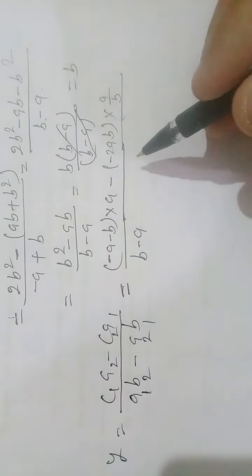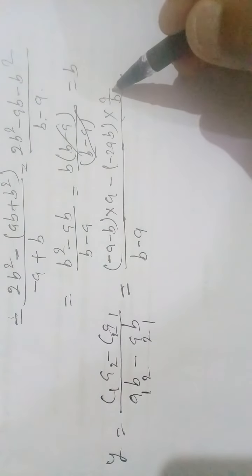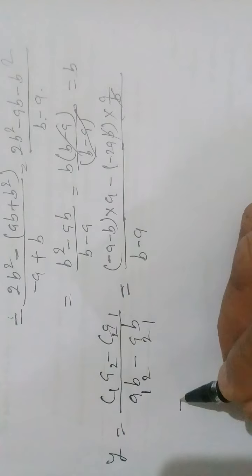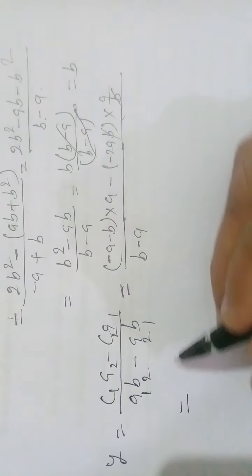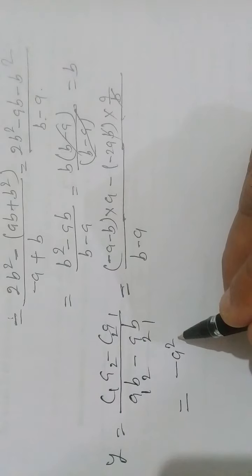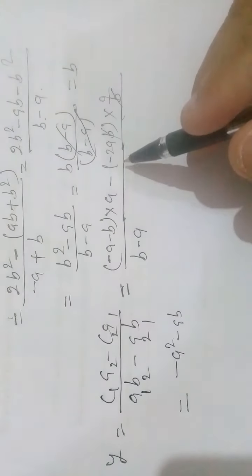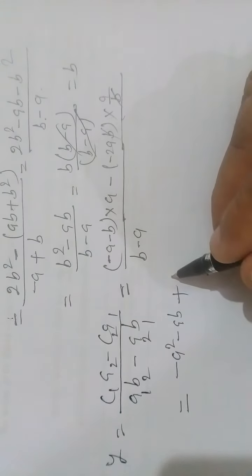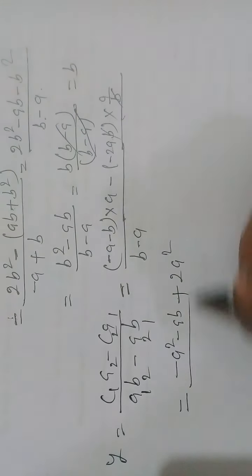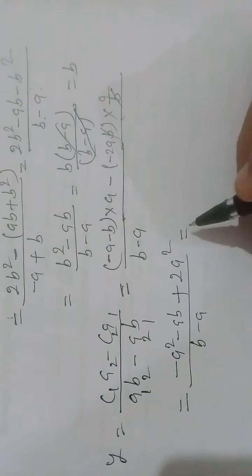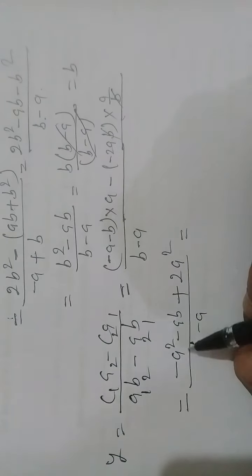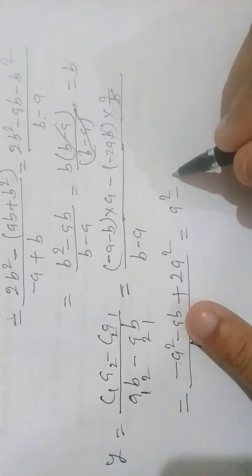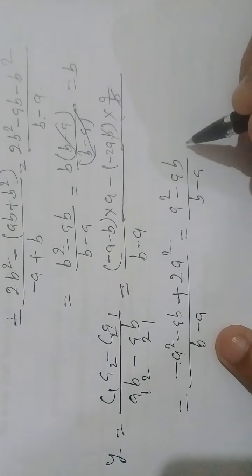Now a by b cancel. In next step we can write minus a square minus ab minus minus plus 2a and a, 2a square by b minus a, implies here 2a square minus a square minus ab by b minus a.